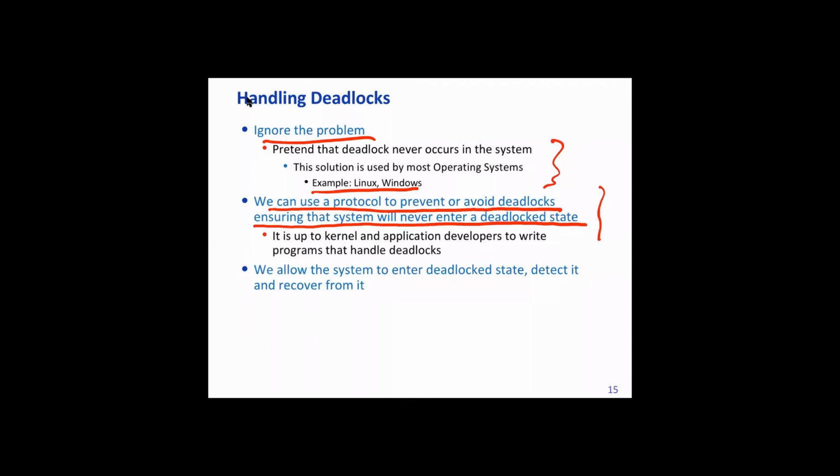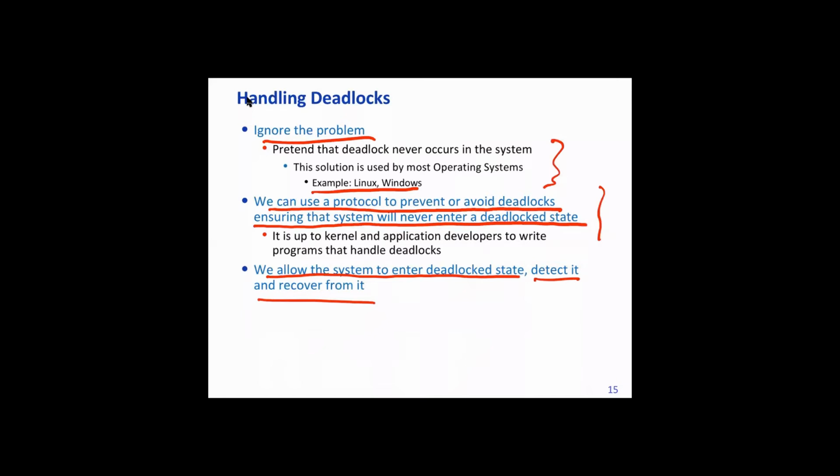And third is, of course, that it enters into a deadlock state. Then detect it and recover from it, because once it has entered a deadlock state, something must be done. In different systems, these three approaches are used in many ways, right?